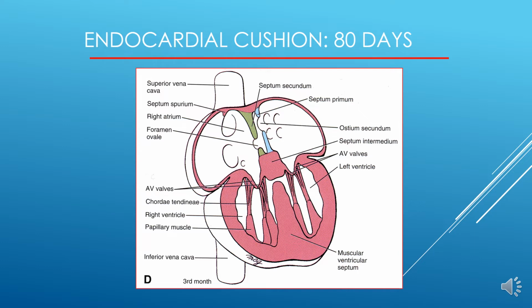If this proceeds in a faulty manner, an inlet VSD results, typically a pressure restrictive diminutive VSD. If there is also a defect in the inlet septum formation, a large unrestricted VSD is produced.